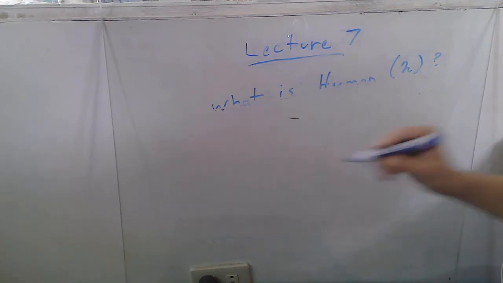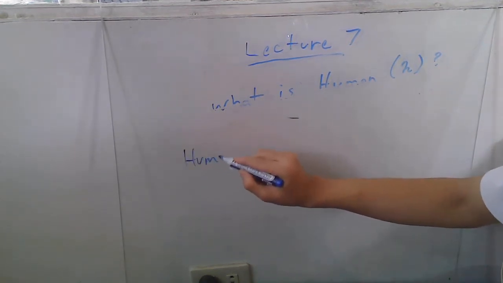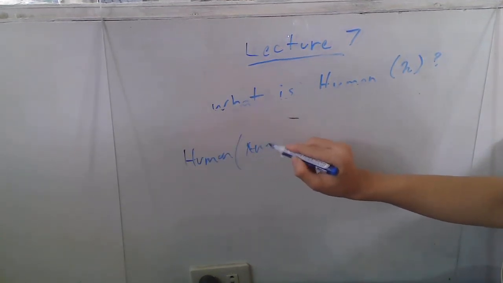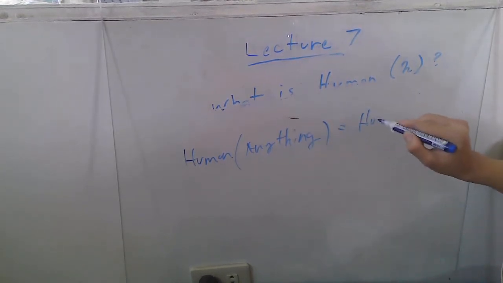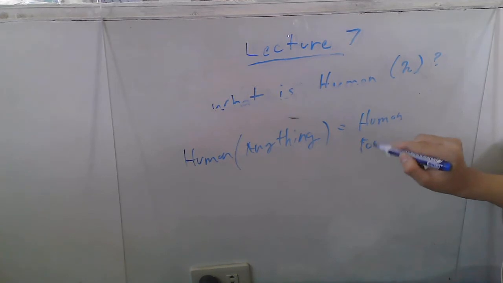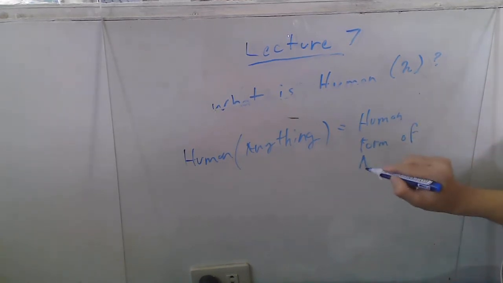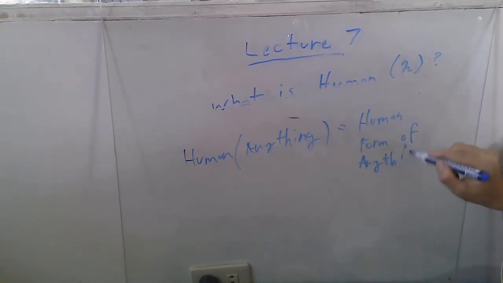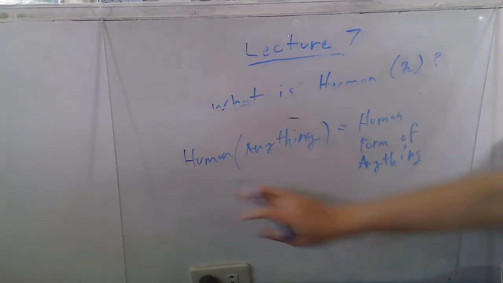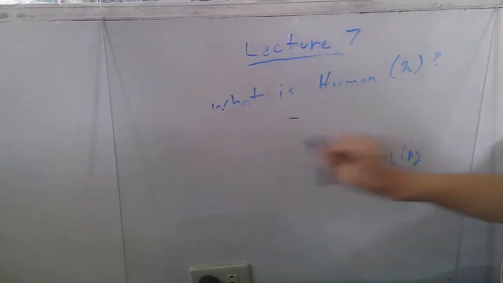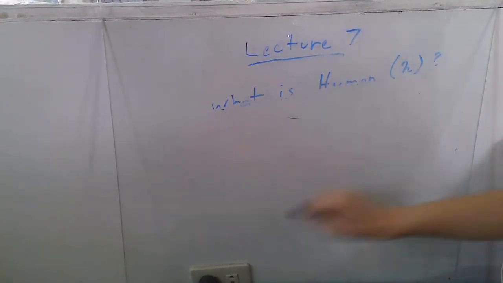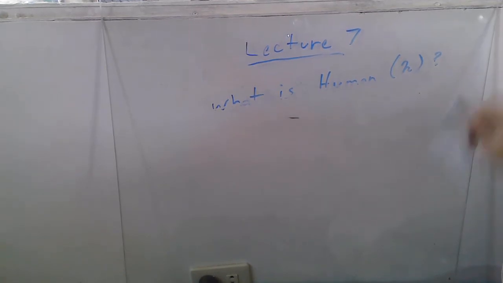So if we put anything in, it gives us the human form of anything. This is the fundamental equation of the human function, which I want to find out. So if we put an input in there, it gives us its human form.